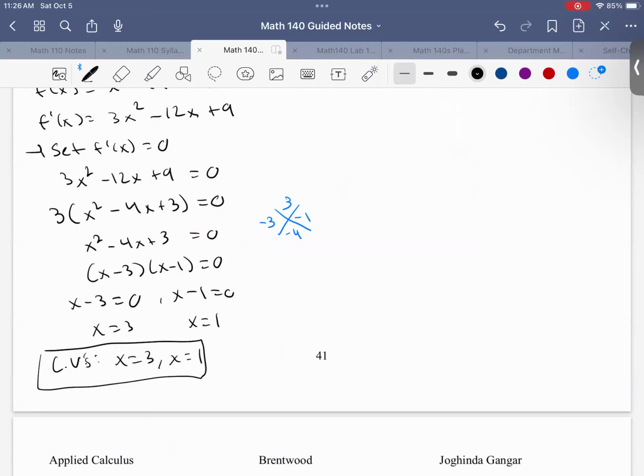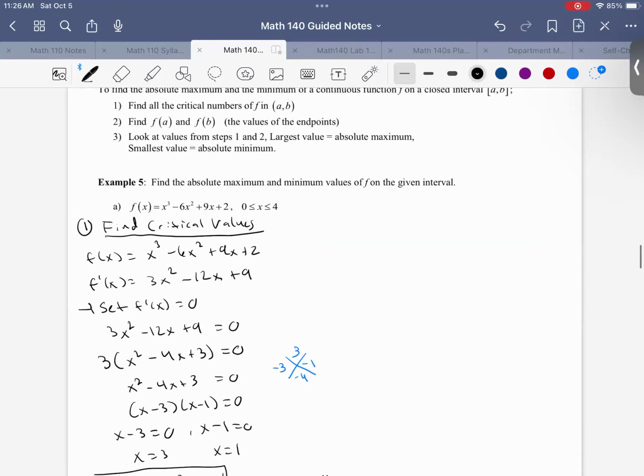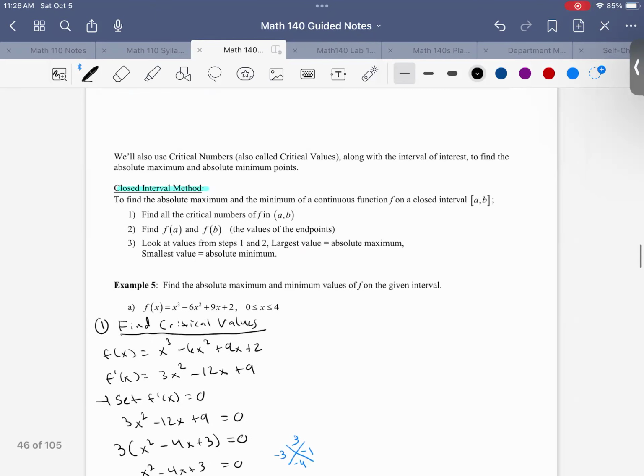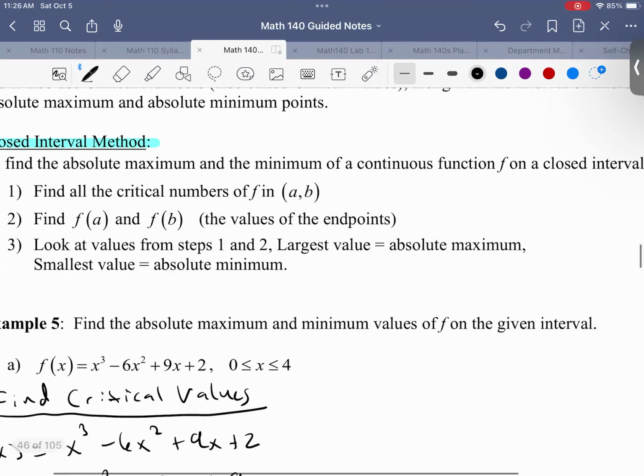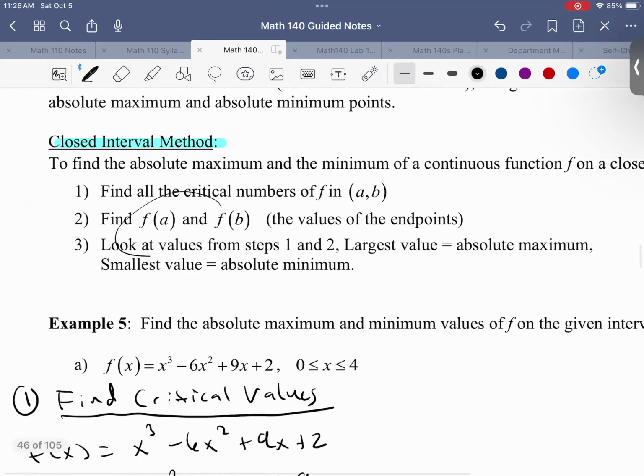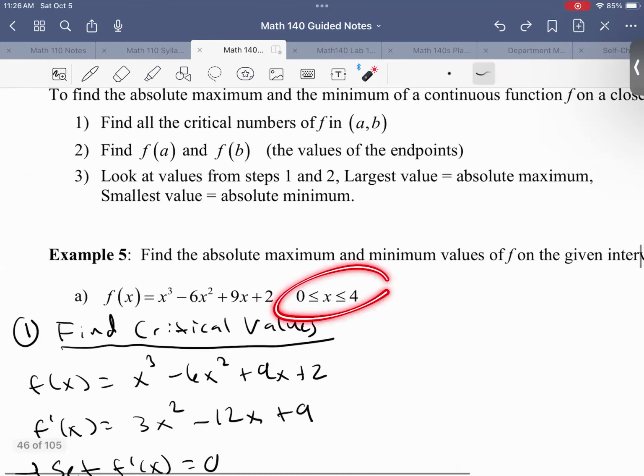Okay, so that's the first part of finding it on a closed interval. The second part is we just plug in the endpoints of that closed interval. So what we're going to do now is plug in 0 and 4.